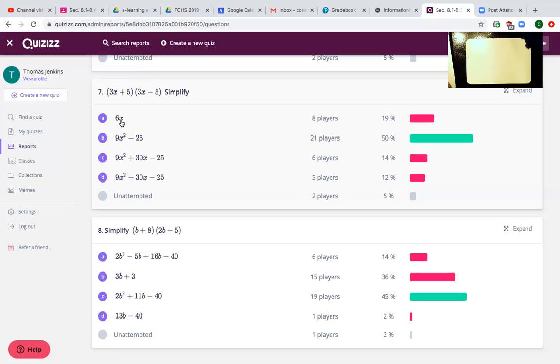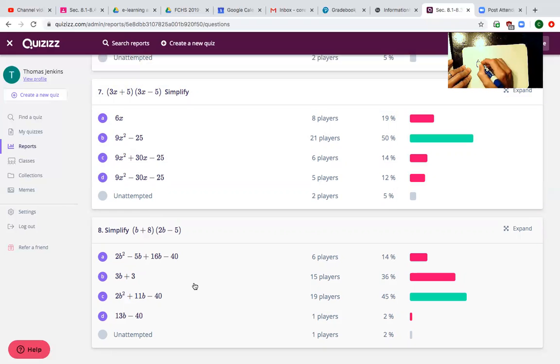So you were adding if you had A on number 7, or if you had B, which a lot of people did, 36%, you're adding. b plus 2b is 3b. 8 minus 5 is 3. But this is not addition because there's no sign in the middle, so it's multiplication.